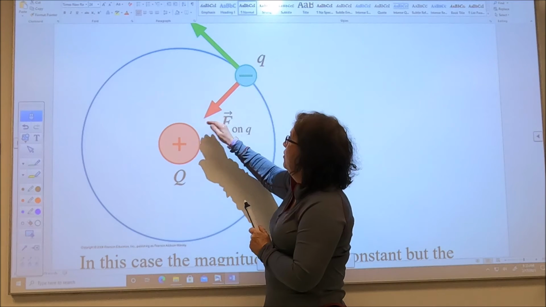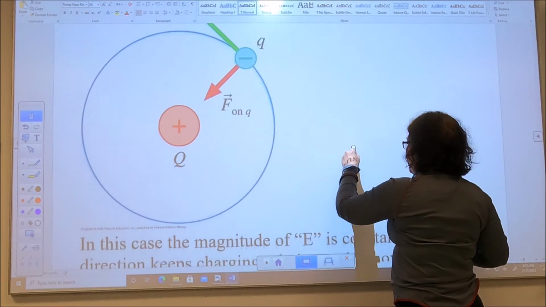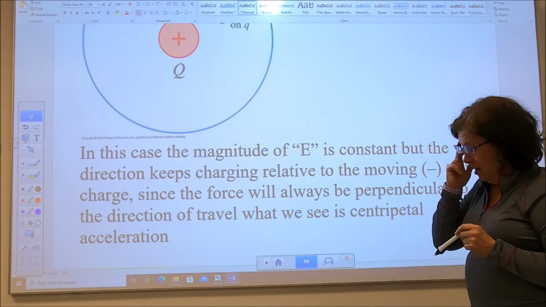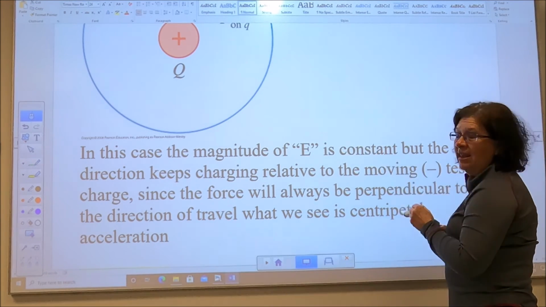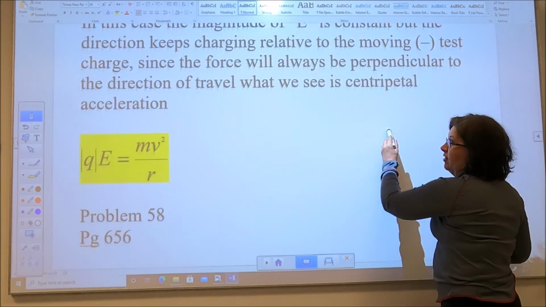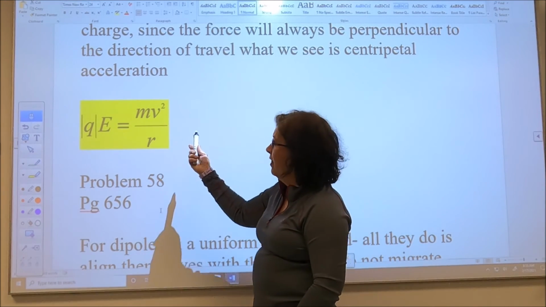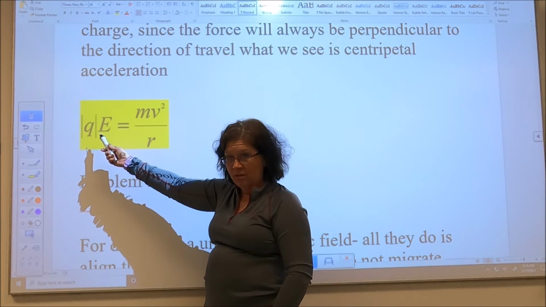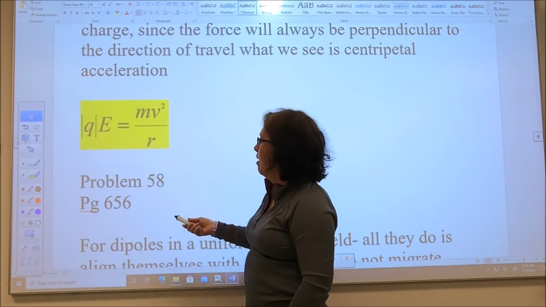All this force is going to do, because it's perpendicular to the velocity vector, is turn it. So at that constant distance from the source charge, the magnitude of E, the electric field, is constant, so the magnitude of the force is going to be constant, and the speed around that circular pathway is given by Q, the magnitude of the test charge, times E, the strength of the electric field, equals mv squared over r.